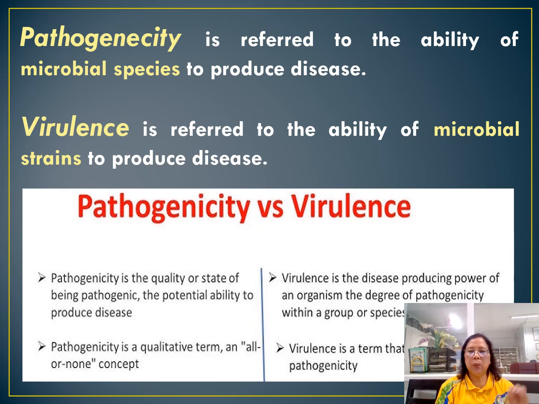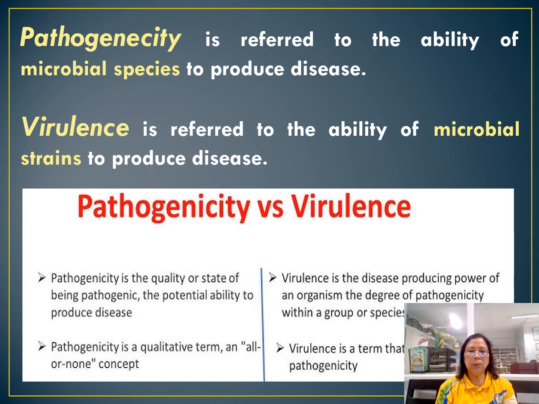So we are looking into a specific kind, a specific strain producing a disease. Like for example, the virulence of COVID-19, na palagi nyo naririnig yun, no? The virulence is very strong. Tipong gano'n na naririnig sa news, on TV, or even in the internet.